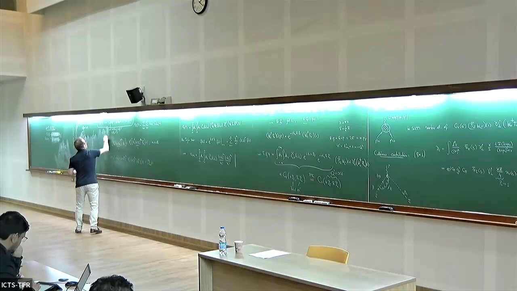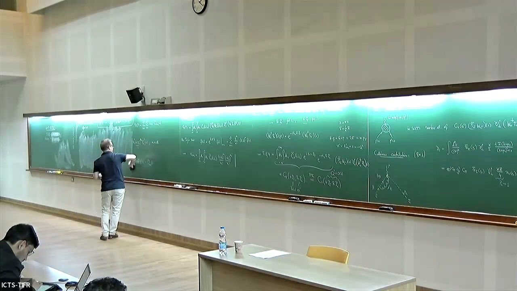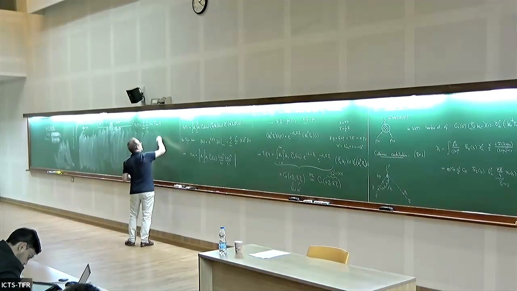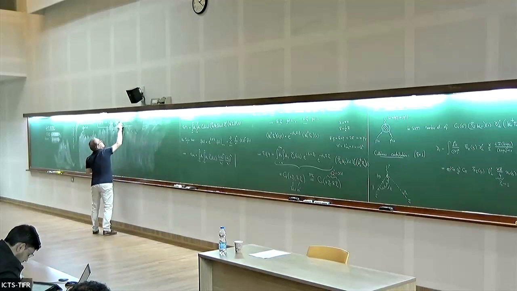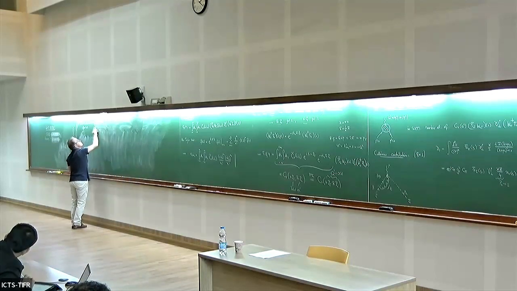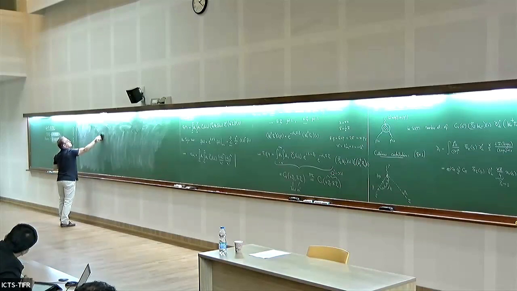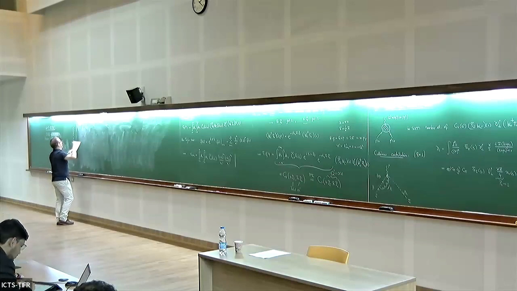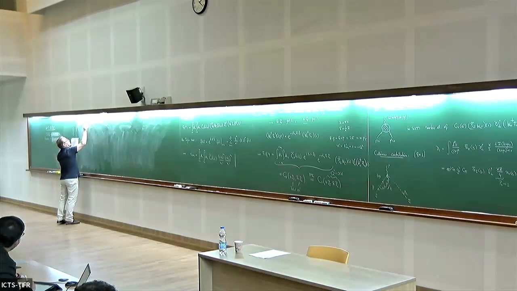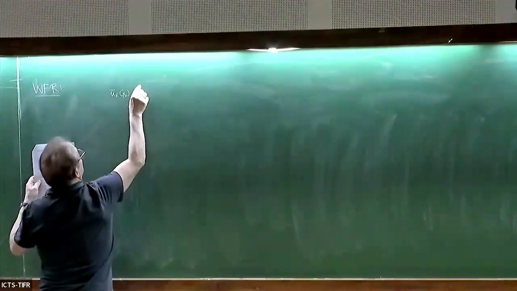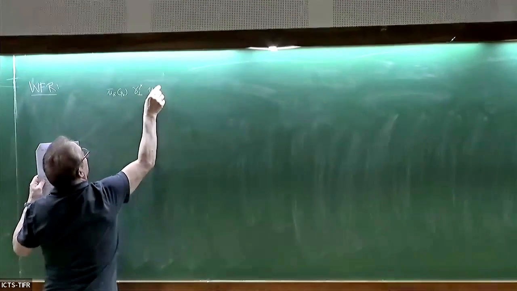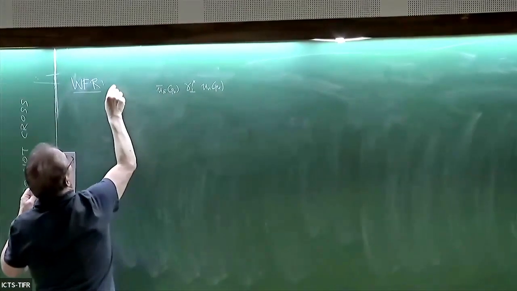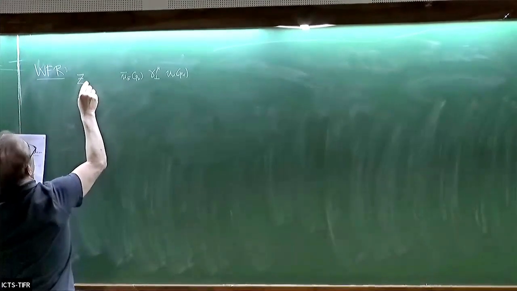So the only thing left to do is wave function renormalization. Wave function renormalization tells you that while at tree level what we get is simply this structure that we have seen over and over again, if you include wave function renormalization, you get square root of c for each external particle.